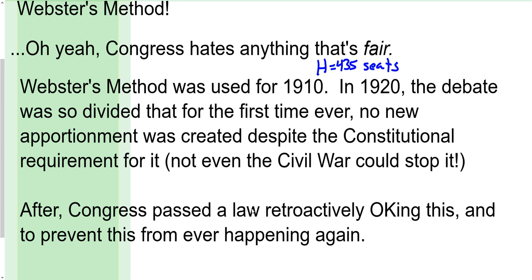So Congress finally, after all this time, smartens up and passes a law that just says, once we pick a method, it's just going to reapportion every 10 years unless we feel like changing it.